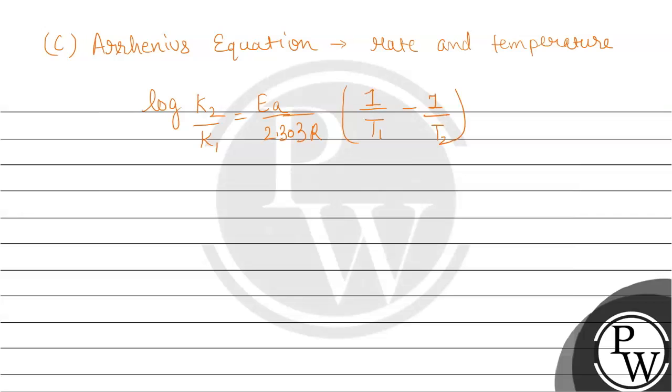So जो यहाँ पर K2 और K1 है वो reaction का rate constant बता रहे हैं. So K1 and K2 are rate constants, and Ea represents the activation energy.